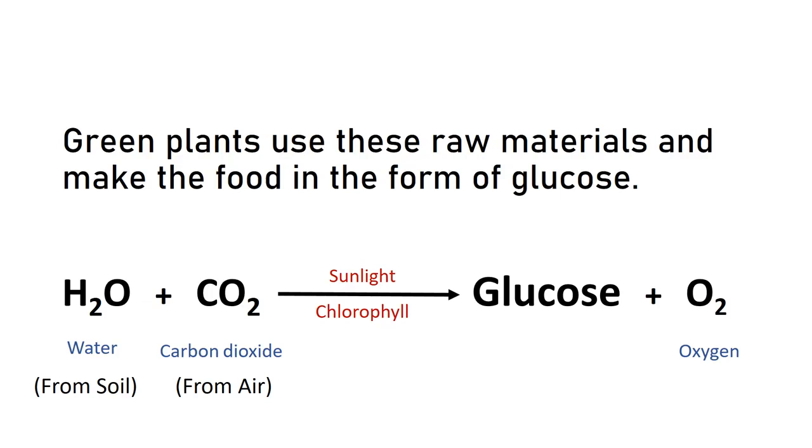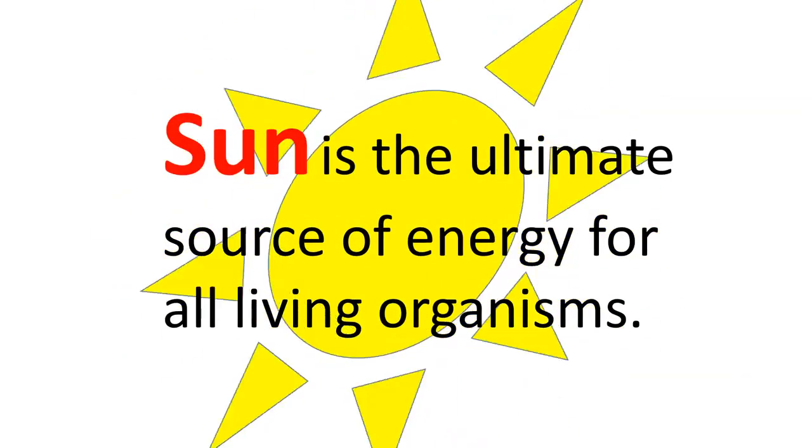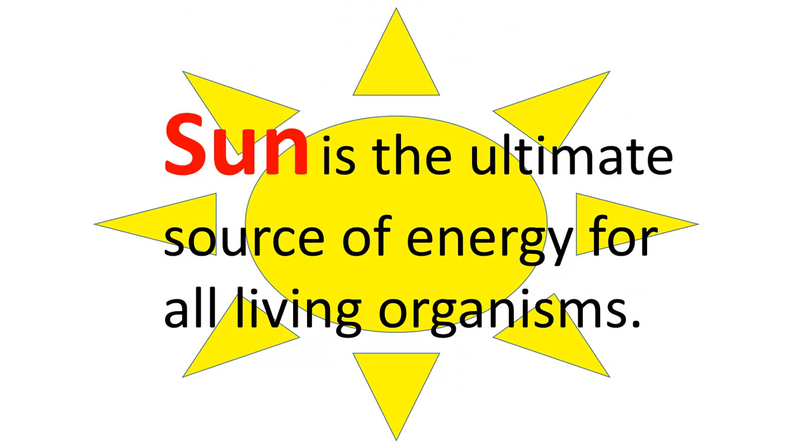Adding to your knowledge, the water for photosynthesis is obtained from soil and the carbon dioxide is obtained from air. Do you know? Sun is the ultimate source of energy for all living organisms.